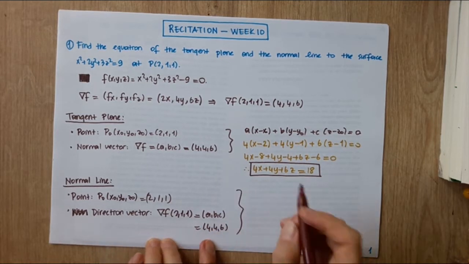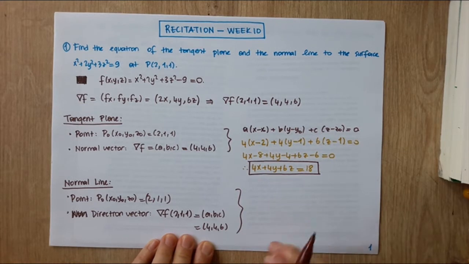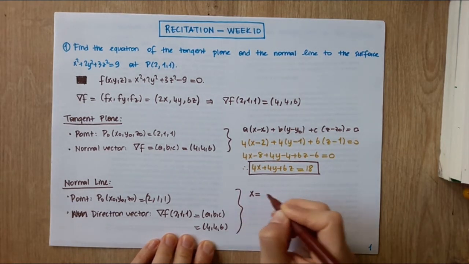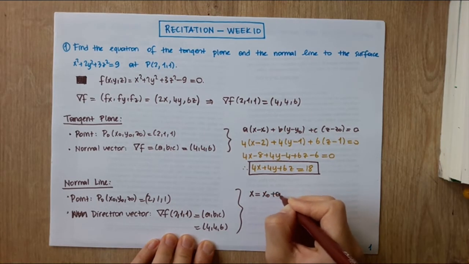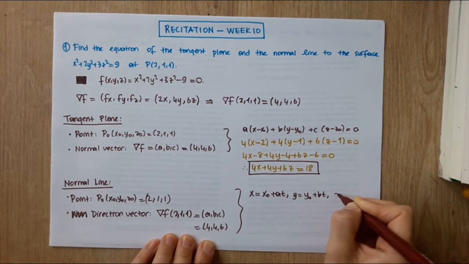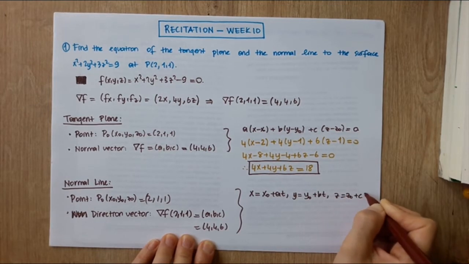So using this, I can write the parametric equations of the normal line, which can be obtained using those formulas. x is x0 plus at, y is y0 plus bt, and z is z0 plus ct.